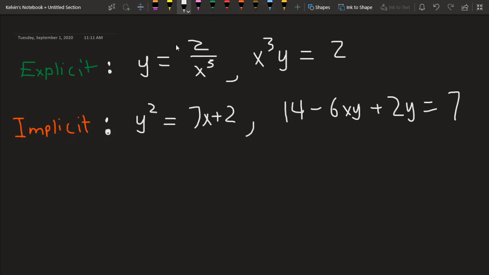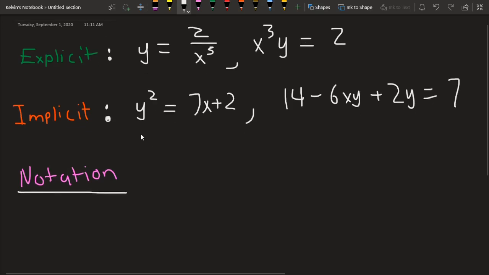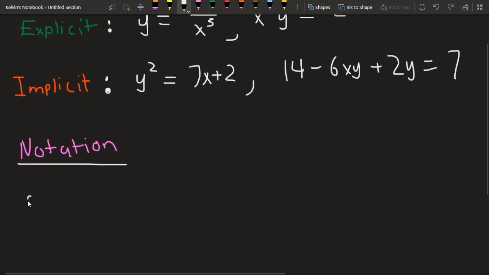For notation, I'll do it in pink. The notation for a derivative would be something like d over dx, the derivative with respect to x. That's how you pronounce it, the derivative with respect to x.